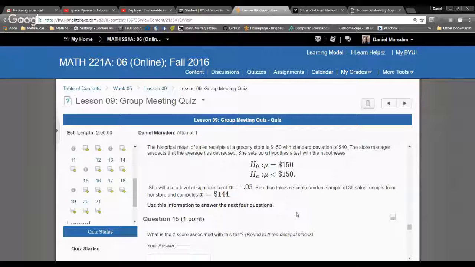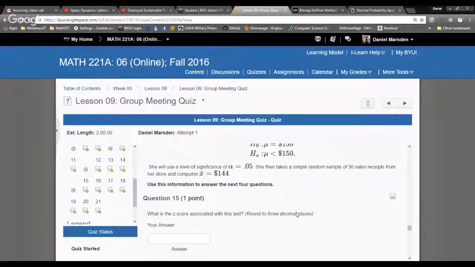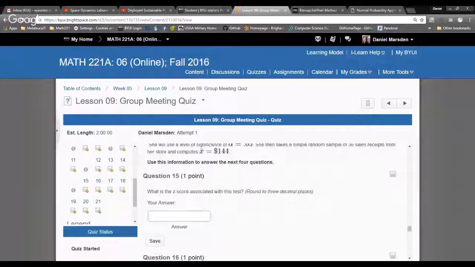Use the level of significance of 0.05, and then she takes a simple random sample of 36 sales receipts from her store and computes the mean as 144. Okay, now we're gonna need the z-score.